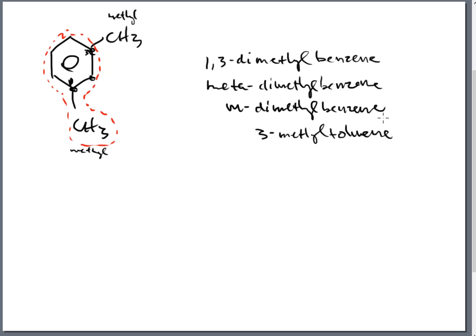At no point in time did I tell you to memorize any structures that had 2 groups on a benzene ring. Here's one of them. It's very common. We see it in a lab very, very often, which is why I would like for you to know what a benzene ring is called that has 2 methyl groups on it. Only when it has 2 methyl groups on it can we use this name.